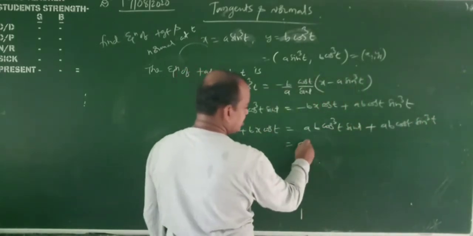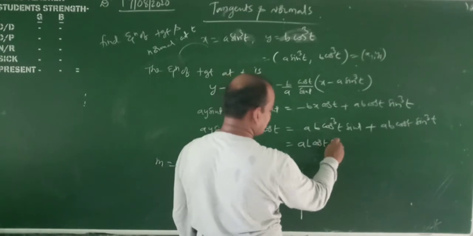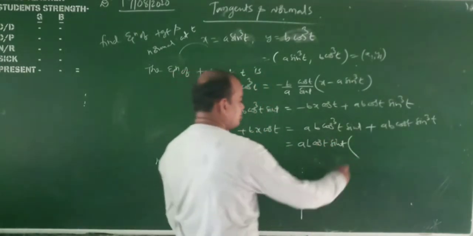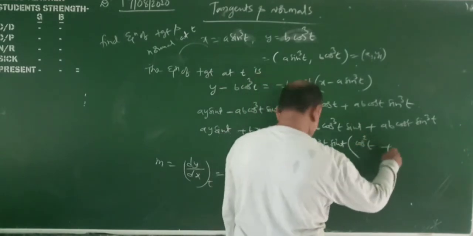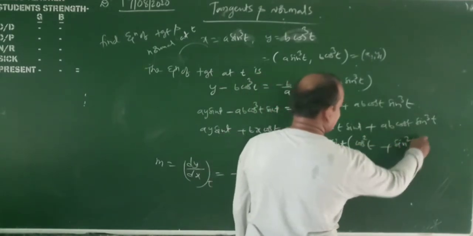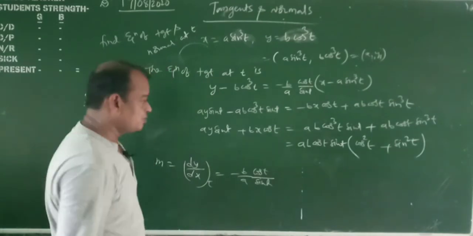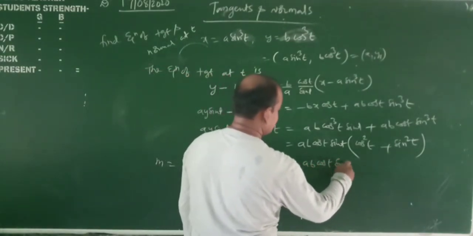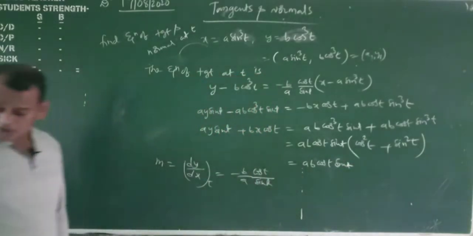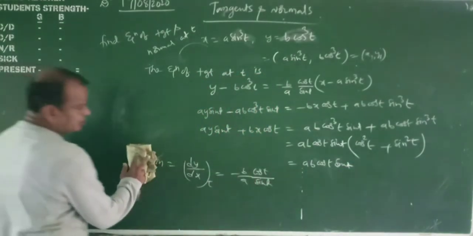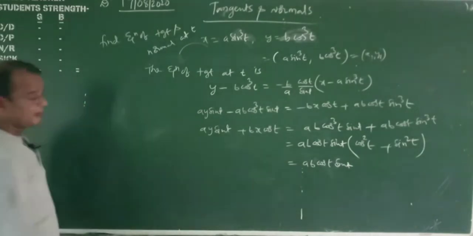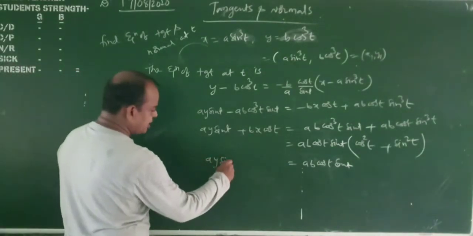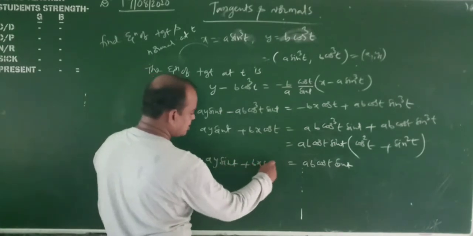Now take ab cos t sin t common. Cos square t plus sin square t is 1, so the right side is ab cos t sin t. Now divide both sides by ab cos t sin t. The left side is ay sin t plus bx cos t.